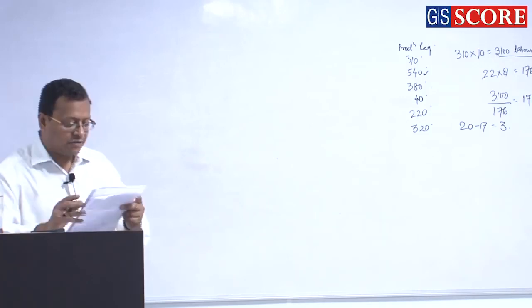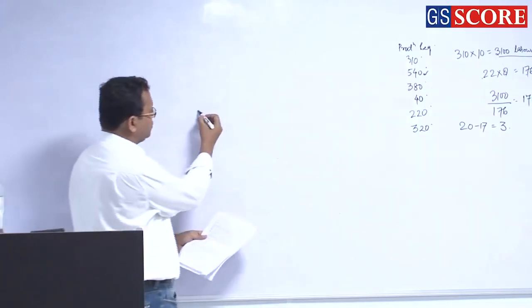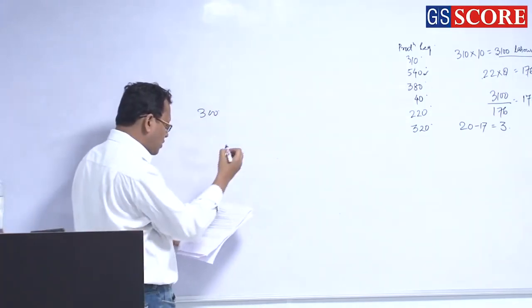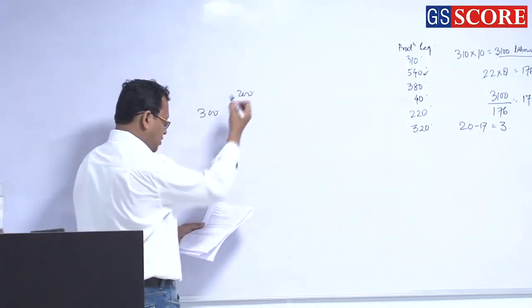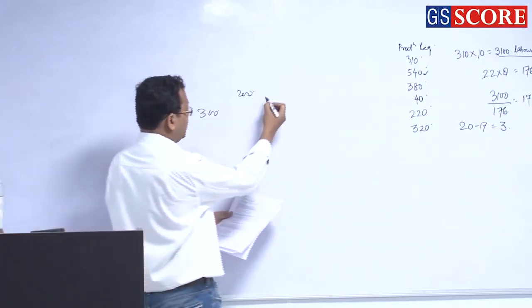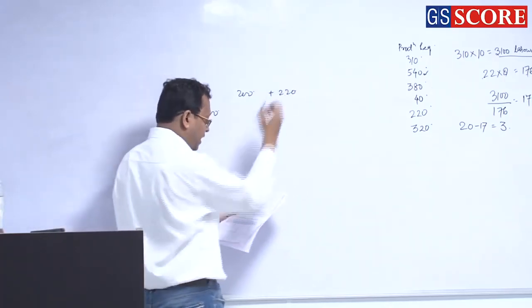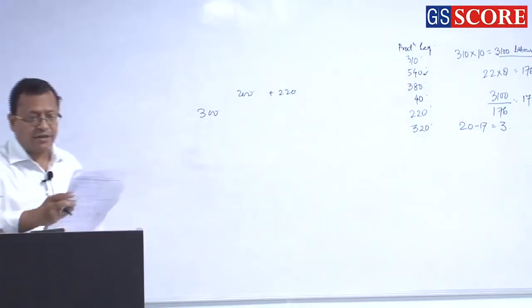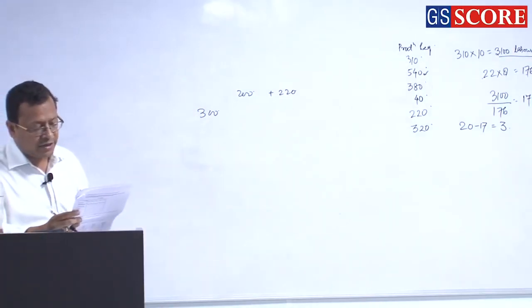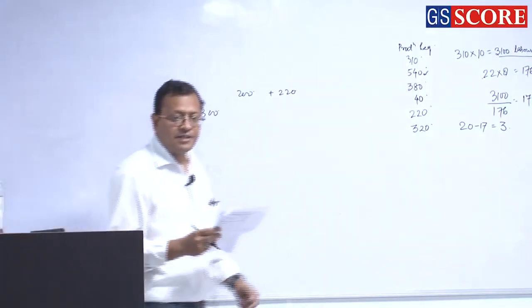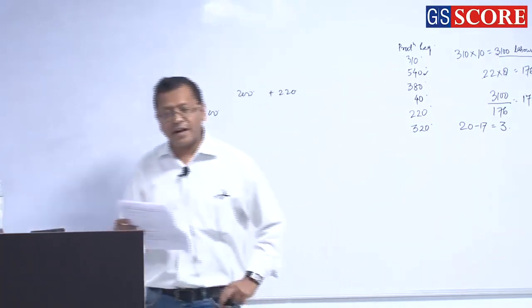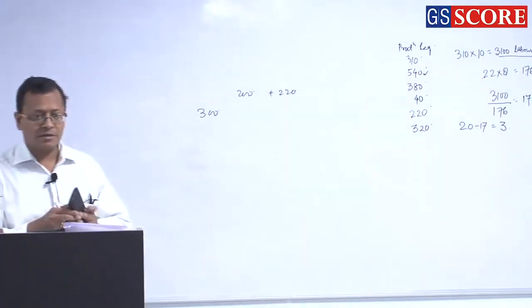From the second statement we can definitely say out of 300 readers, 200 read Financial Express, 220 read Economic Times, and 50 read neither. So 300 minus 50 is 250. They read either of the papers, right?